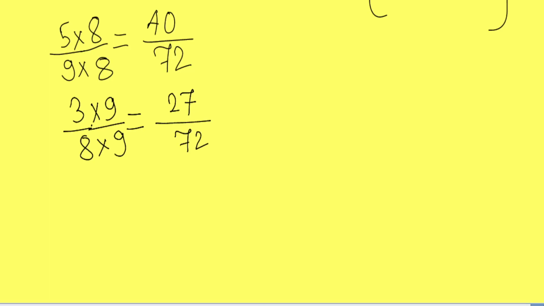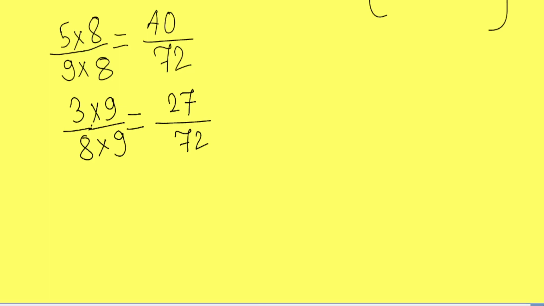Now you can clearly see the first rational number 5/9 is converted into a rational number whose denominator is 72, and the second rational number is also converted into a form whose denominator is also 72. So the denominators are the same, 72 and 72. So now we will compare the numerator part.